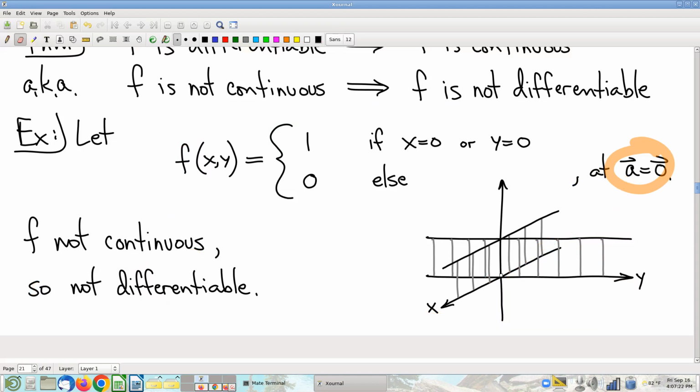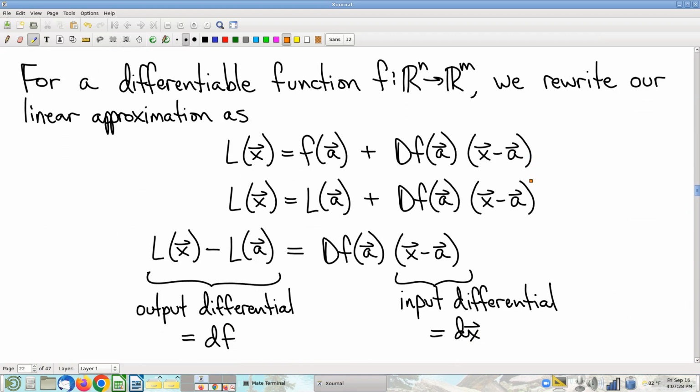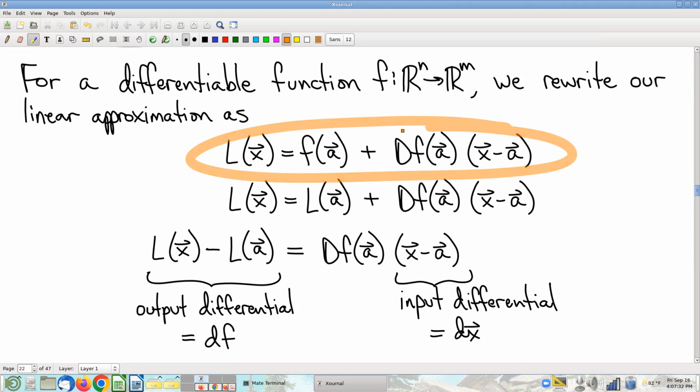Okay. So, quick reminder. Linear approximation. Note I've put in my appropriate disclaimer now. We're going to assume that we have a differentiable function. Keep in mind what differentiable means.